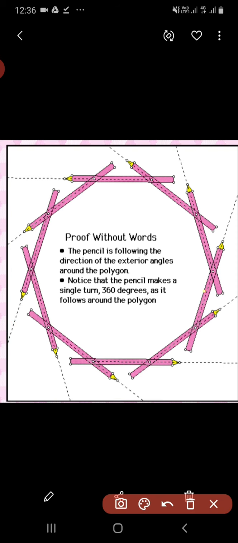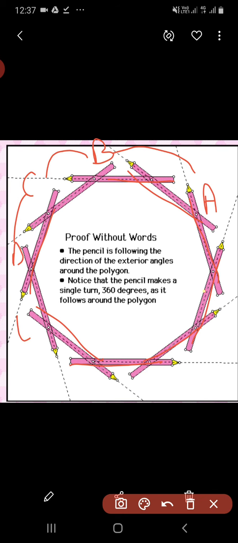For this we can arrange pencils. Here I have drawn a hexagon. If we arrange these pencils in the form of a hexagon, and let's start from this point A, and then we will move towards the point B, then C, then D, then E, then F, then G, then H, and then I. So we can see that these pencils are taking a single turn, or it's 360 degrees.